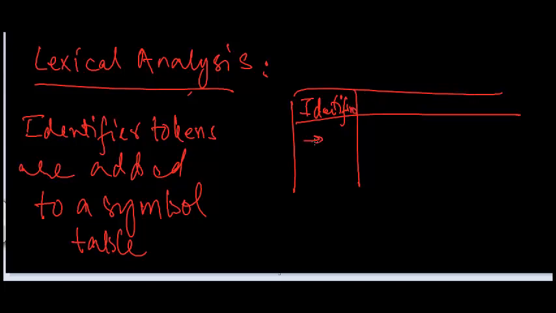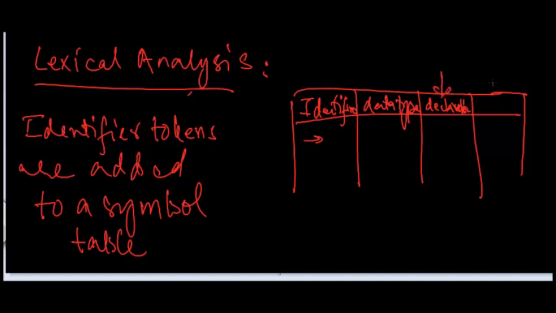This is where the name of the identifier is given. Then it's also going to store the data type. Then this is also going to store the line of declaration, so on which line of code was this declared, the line number is also stored here. And then where in the code is this identifier being assigned a value, right? So the line on which the assignment is taking place is also going to be stored in this symbol table.